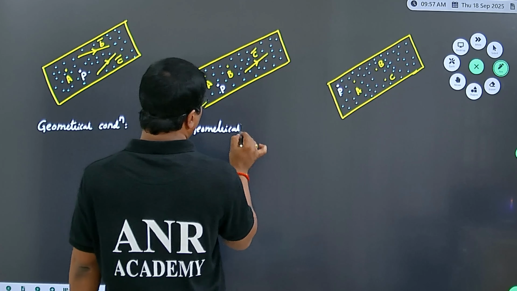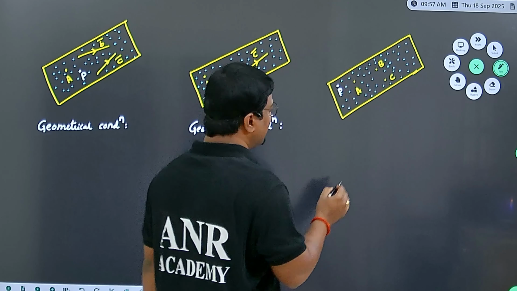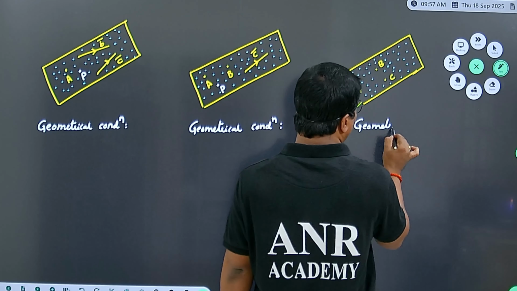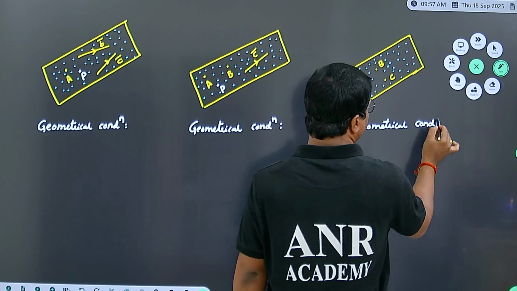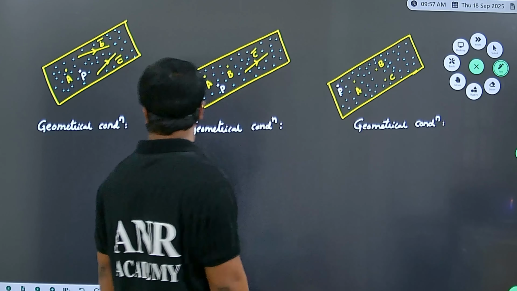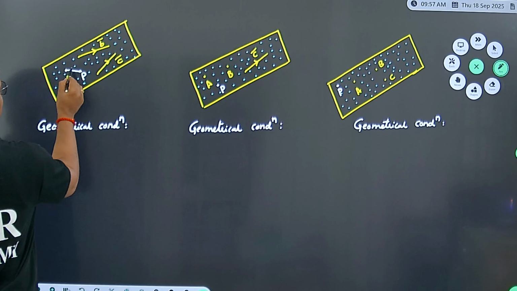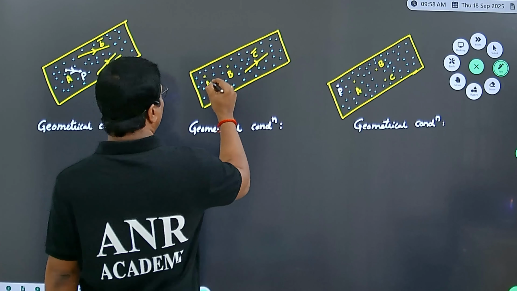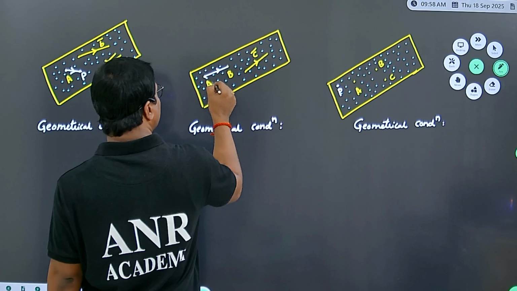In each case I am going to write the geometrical condition, and the geometrical condition should relate with point P, remember. Just I am going to join A, P, and here I am going to join AP, AB.